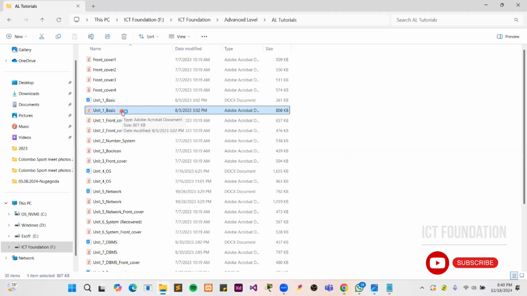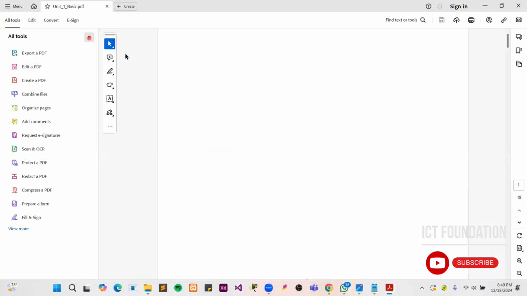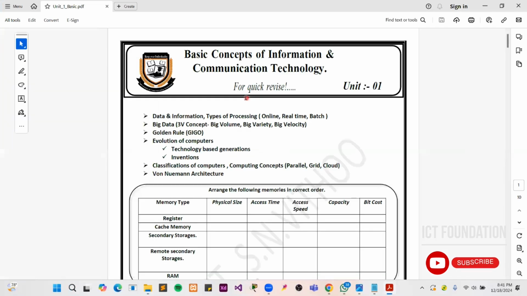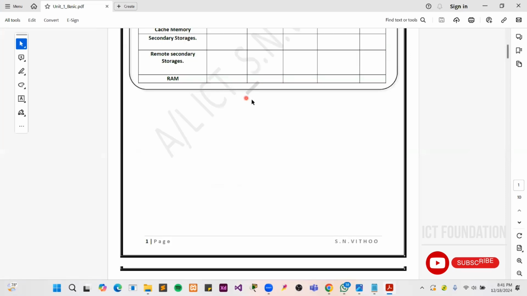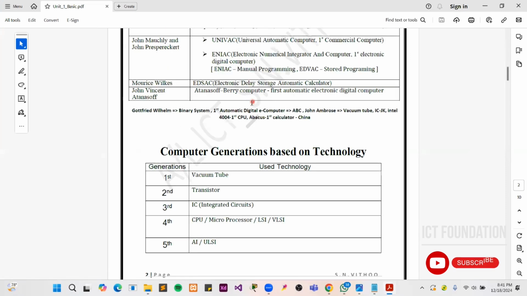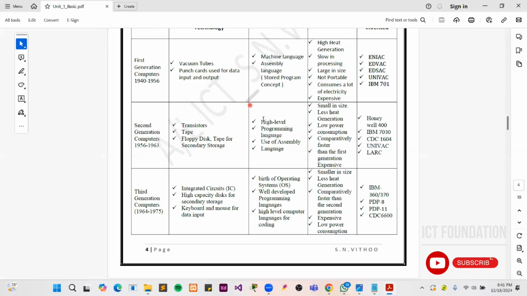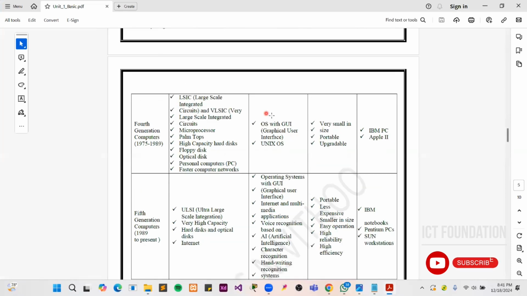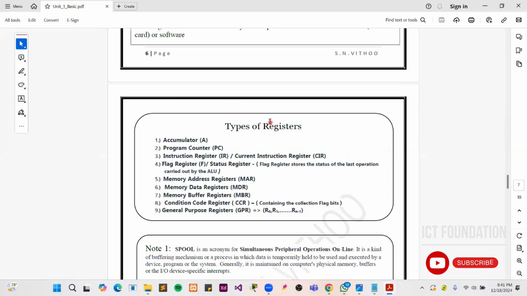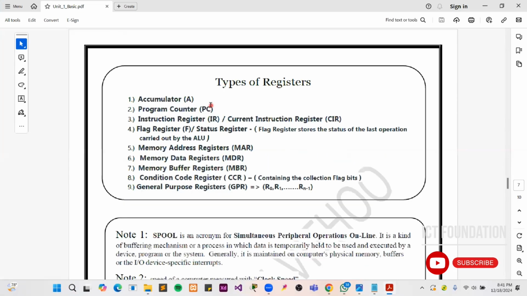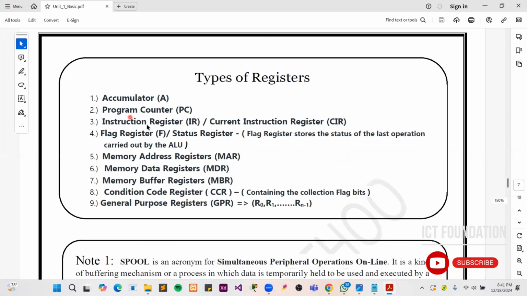We have a multiple variety of registers, and they are responsible for different operations within the CPU. Here I have added some registers and their operations. The first type of register we have to see is the accumulator. In this window, you can see it: accumulator.